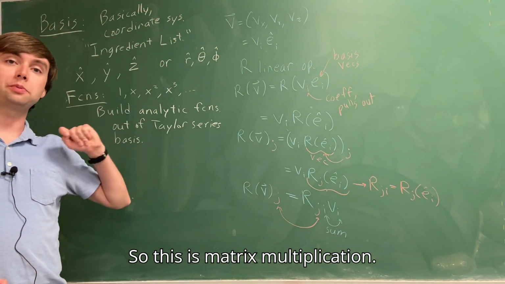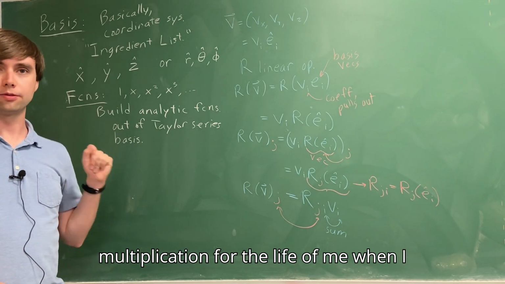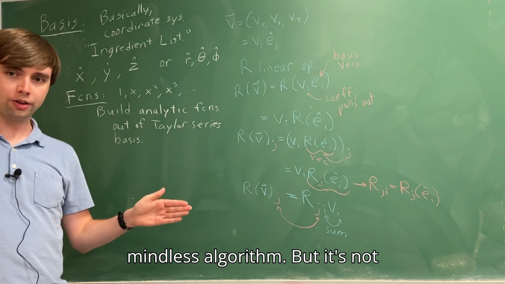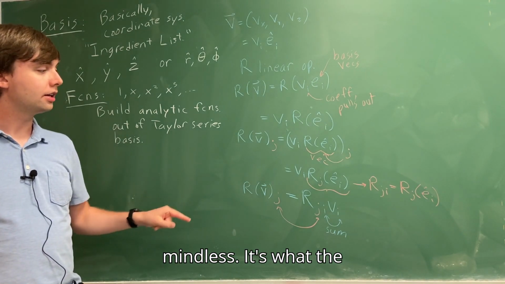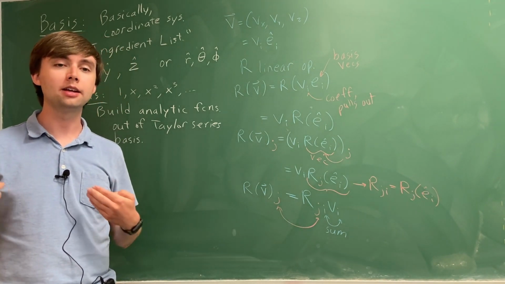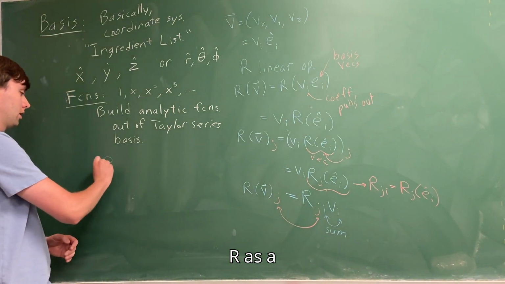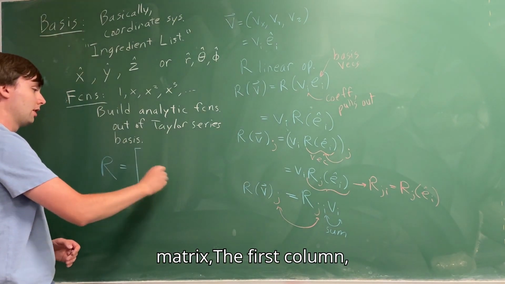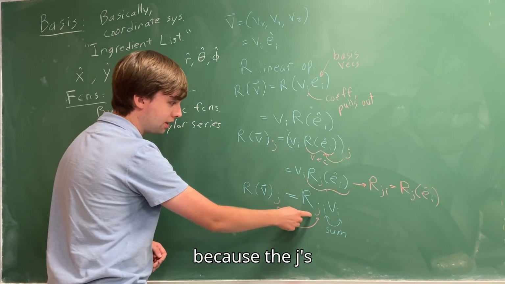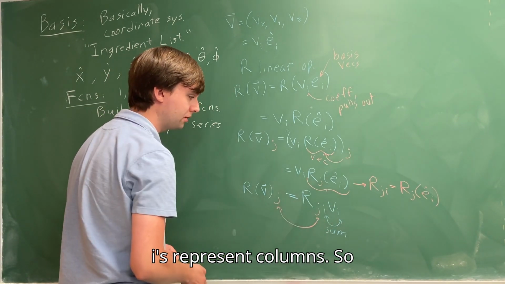So this is matrix multiplication. I could never remember matrix multiplication for the life of me when I first learned it, because it was some mindless algorithm. But it's not mindless. It's what the transformation does to every item in the basis. So if I'm going to write R as a matrix, the first column, because the j's represent rows, the i's represent columns.